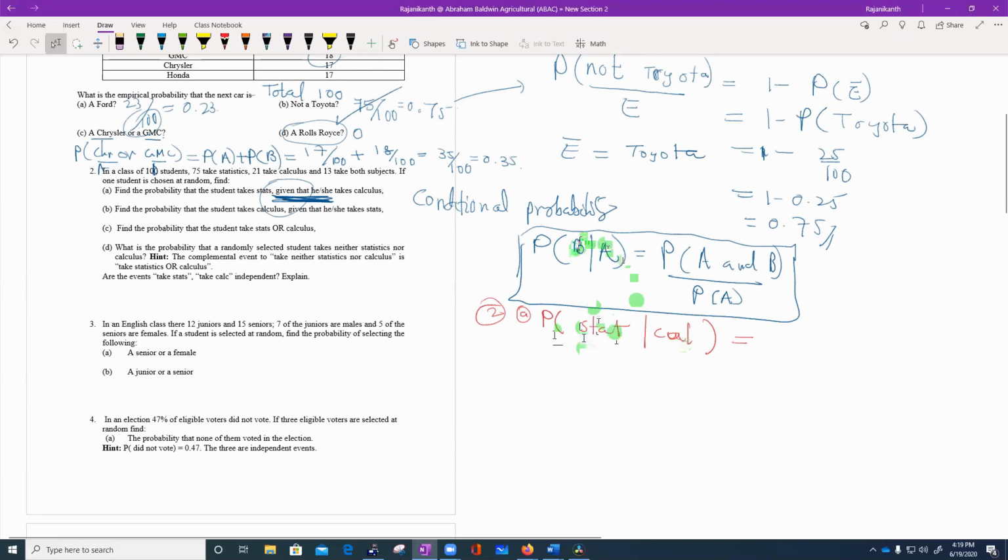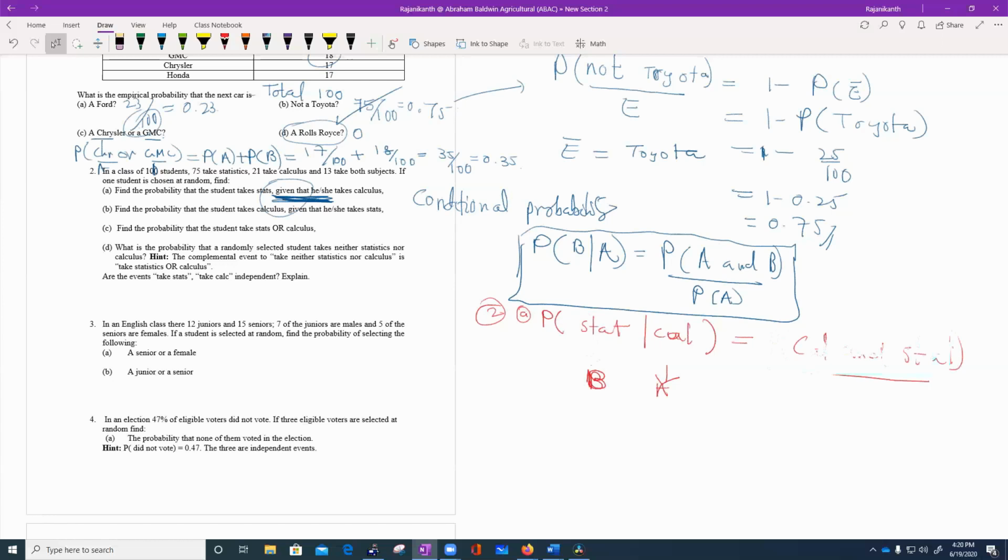So we are asked to find now simply, if you think of this as your event B according to your notation here, this is your event A. That means if you change A and B here, how do you write in terms of statistics and calculus? Your event A says that taking calculus, and I'm using this formula, and the event B is now choosing statistics subject.